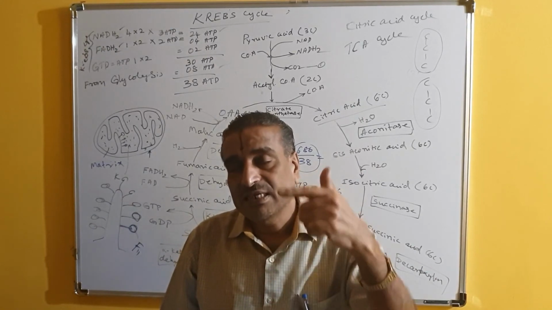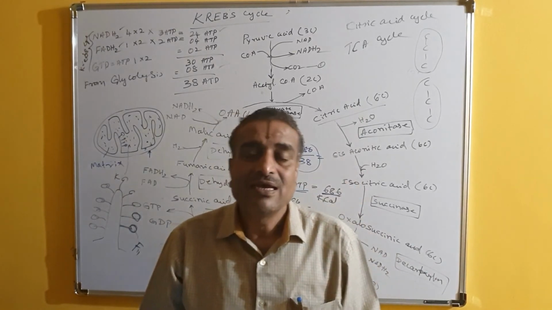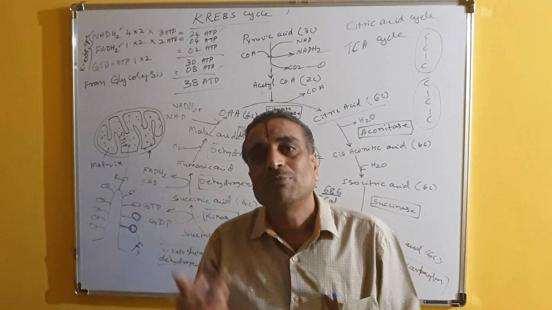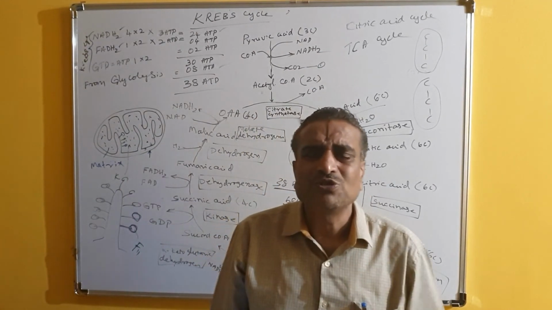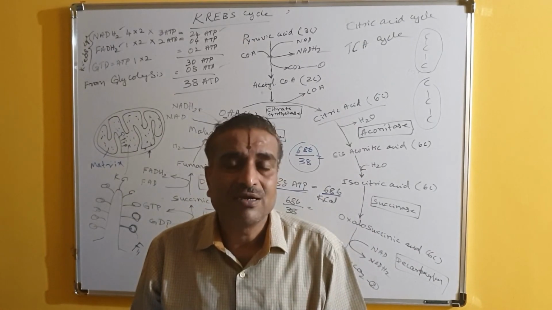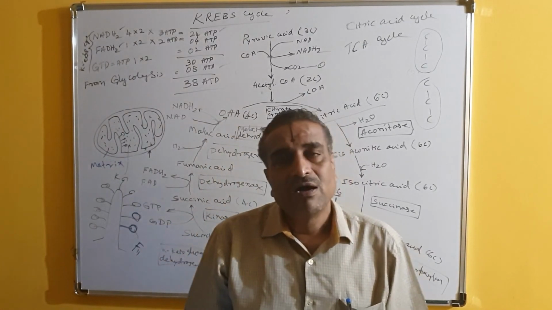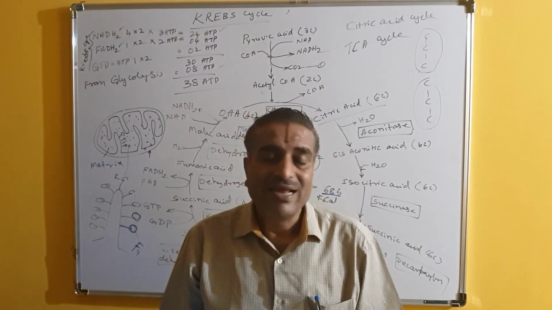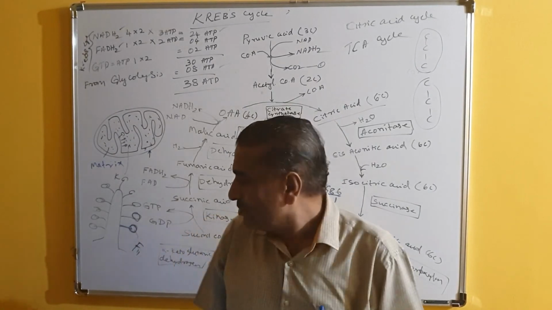First pyruvic acid is converted into acetyl coenzyme A. Acetyl coenzyme A now enters into mitochondria. All these are very crucial, very important points. You have to always remember, understand the things very critically, and write.